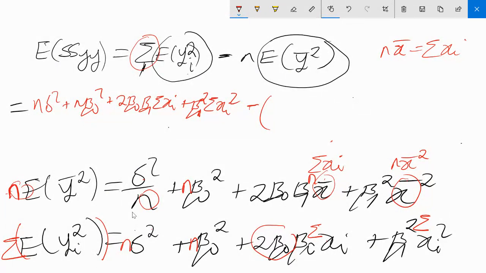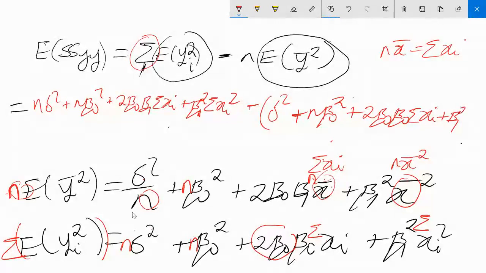So I'm taking this part now and substituting here. So I'm going to have sigma squared minus, sorry, plus n beta 0 squared plus 2 beta 0 beta 1, because this now has changed because of n x bar, where summation of xi plus beta 1 hat, beta 1 squared n x bar squared.